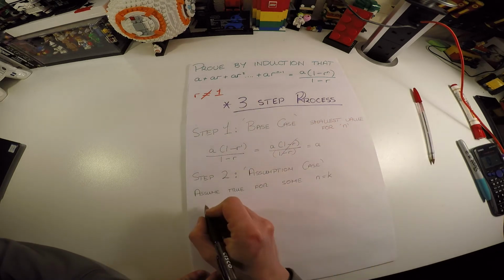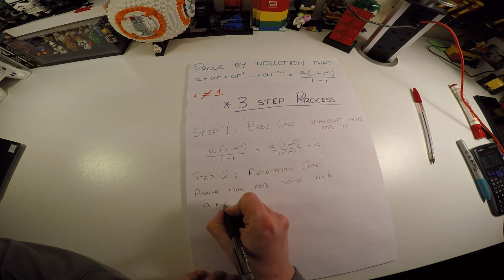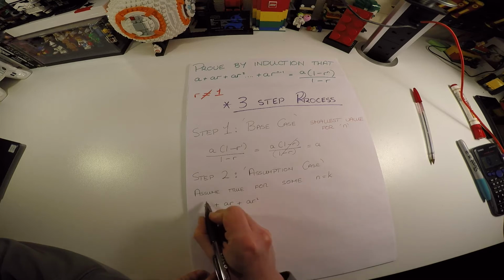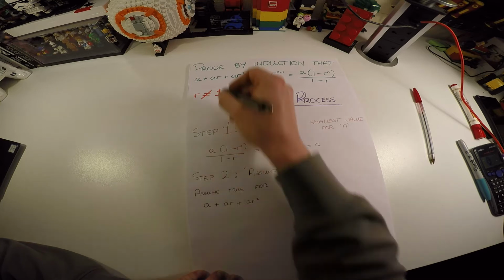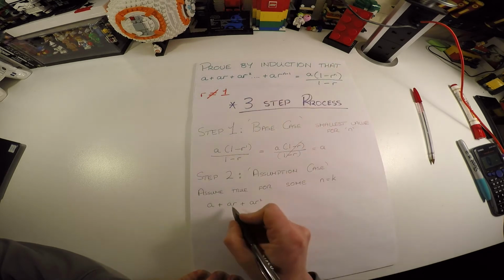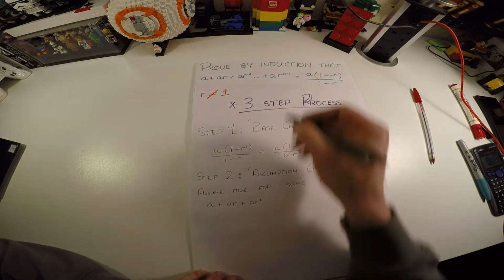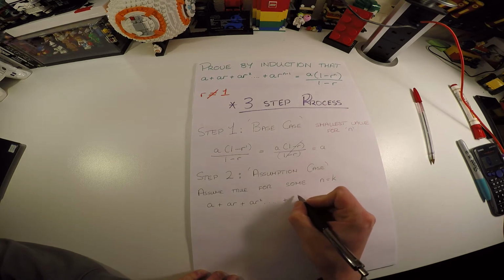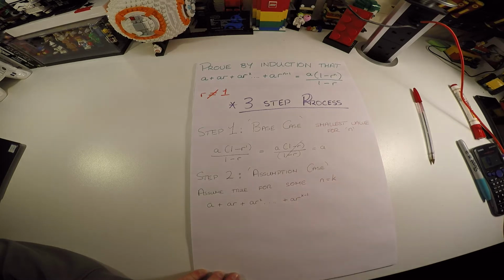Well, if it's going to be true for some nth term k, we're saying that the first term plus the second term plus the next term, remember, if n is equal to 1, it goes to 0. If n is equal to 2, it goes 2 minus 1, which leaves you an r. If n goes to 3, it's 3 minus 1, which goes to here. All the way up to plus some kth term, a times r, and replacing n by k, k minus 1.